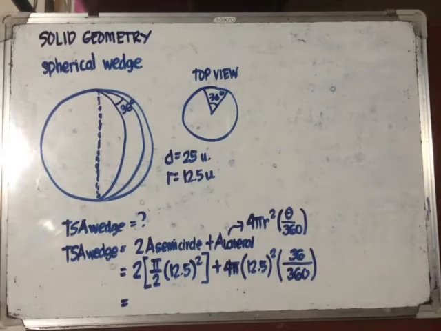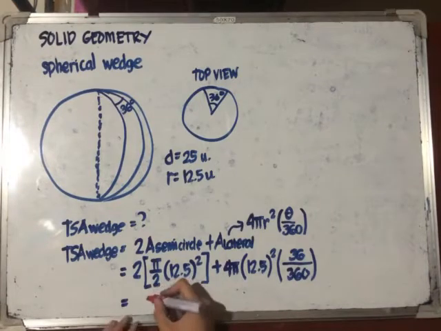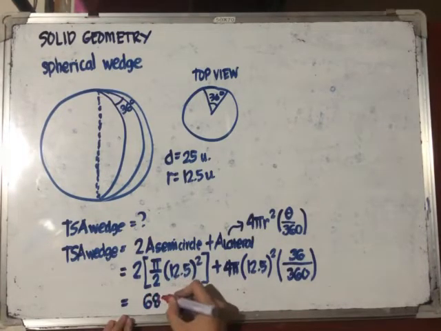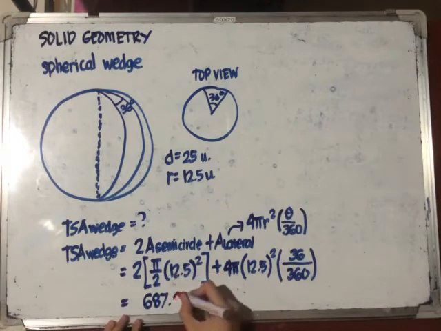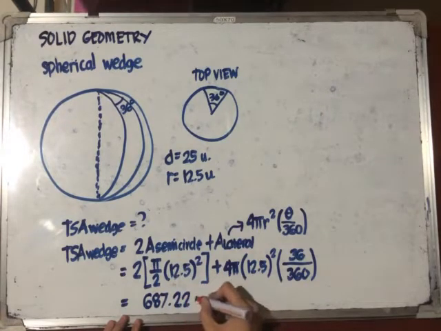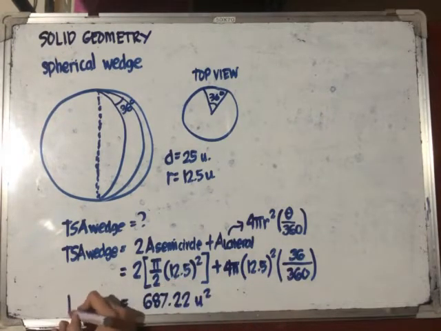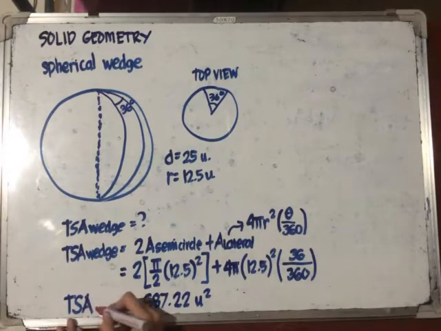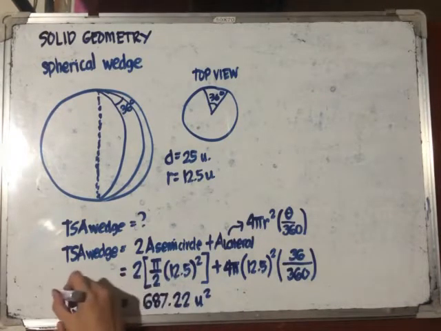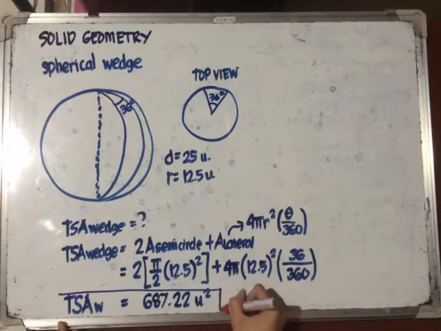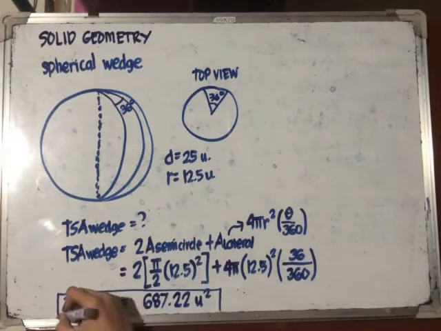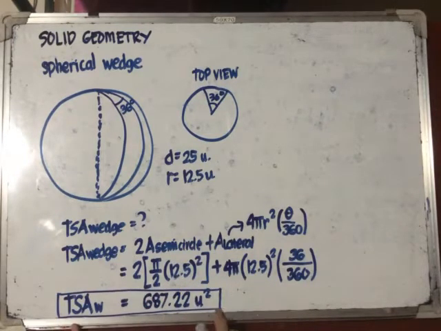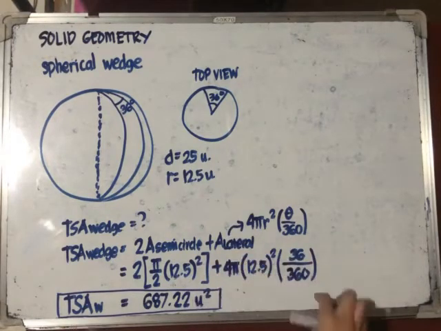Okay, that should give you 687.22 square units as the total surface area. So, take note nyo lang yung mismong tanong ha. Since total yung tinanong, that includes the two semicircles. If lateral surface area lang, itong portion lang na to ang magiging sagot natin. Alright? Alright.